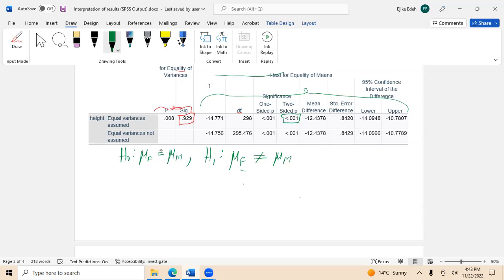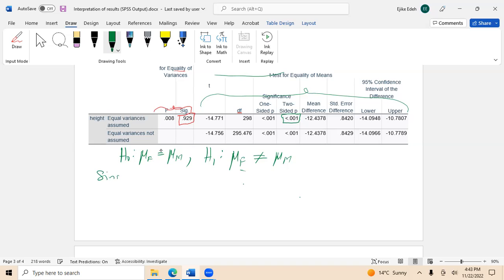And when this was conducted, we found the test statistic to be negative 14.771, the degree of freedom to be 298, and the p-value to be much smaller than 0.05. It is smaller than 0.001. That is what SPSS is showing us. So how do we make a conclusion here? How do we state our conclusion?